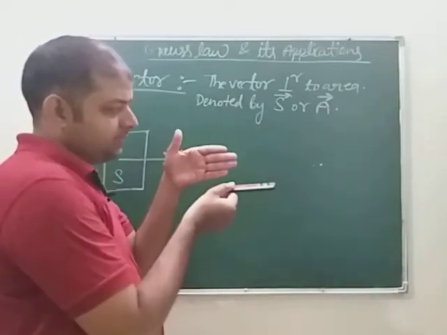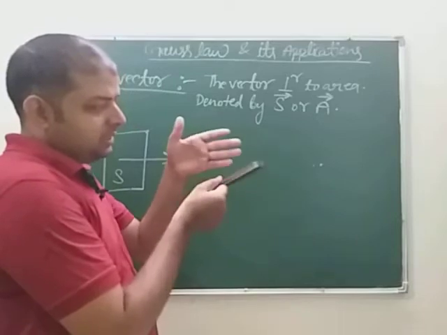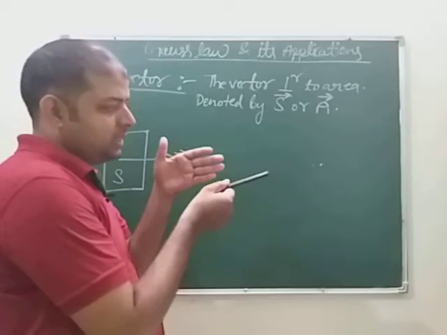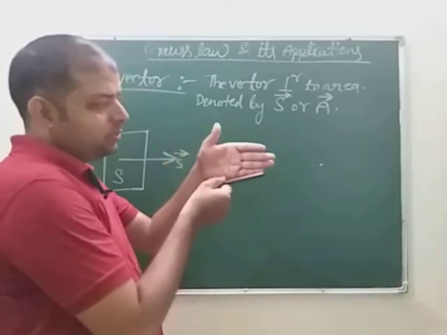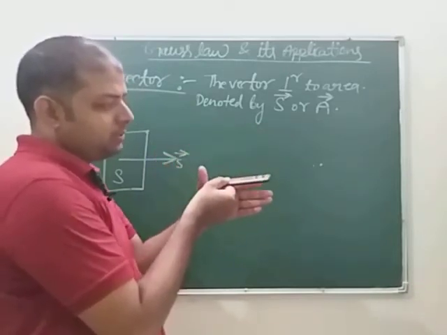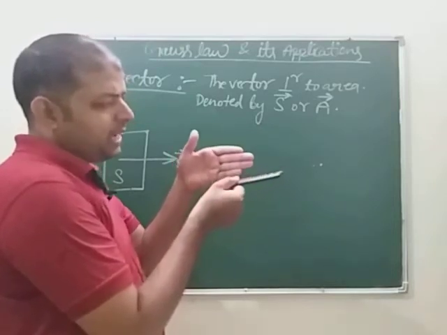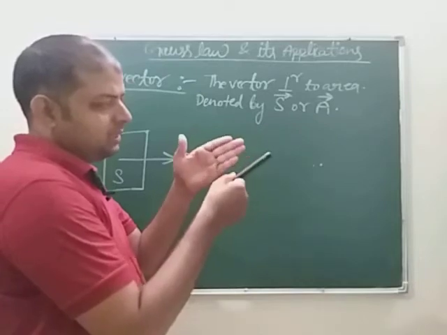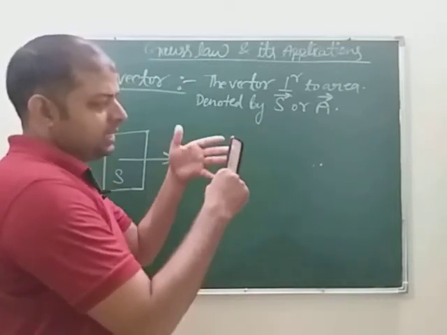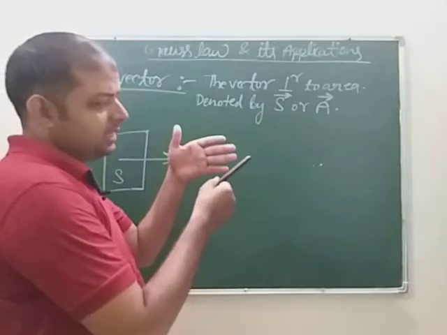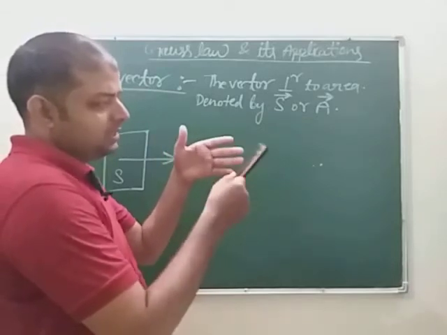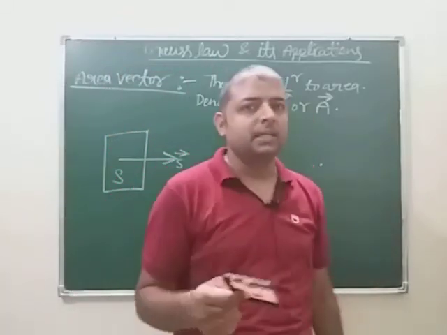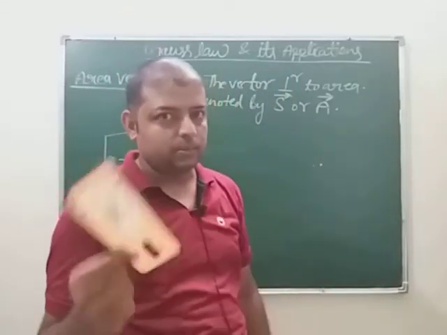In this way, most of the lines pass through the upper surface, the rest through the lower surface, and only a few lines link to the surface. Suppose in one case 10 lines are linked and in this case only 8. So the inclination of the area decides how much electric flux passes through the surface.